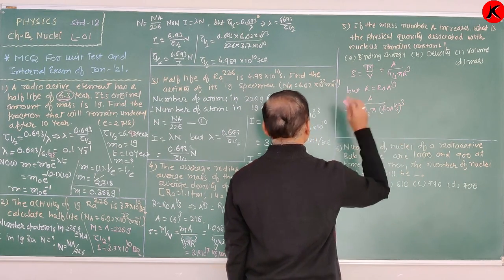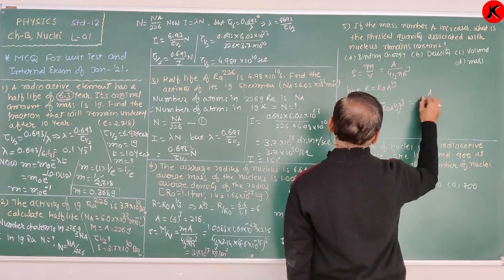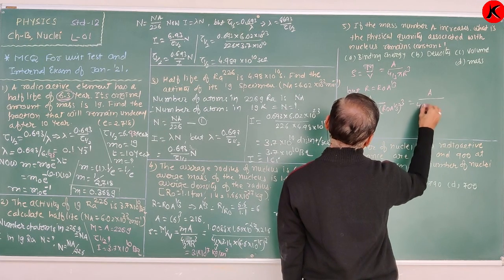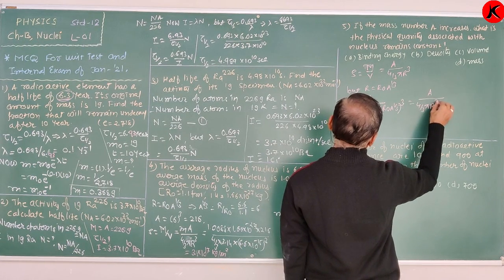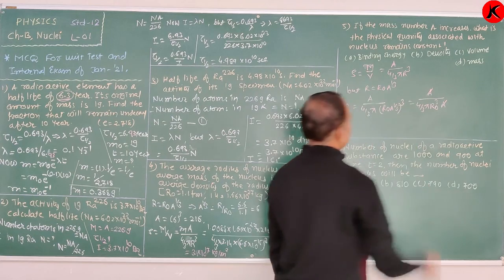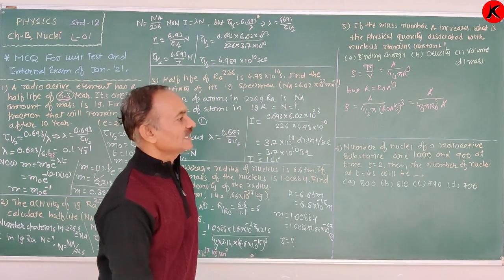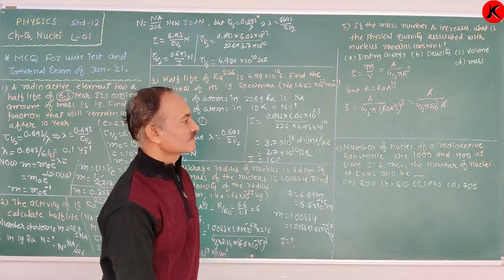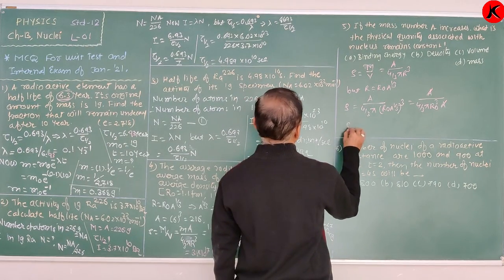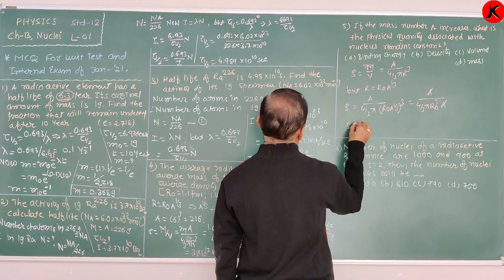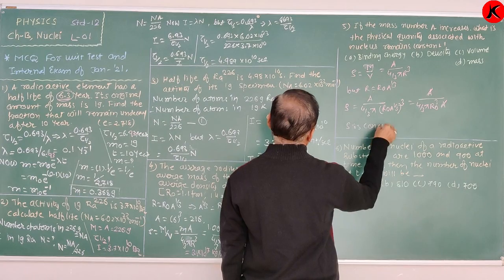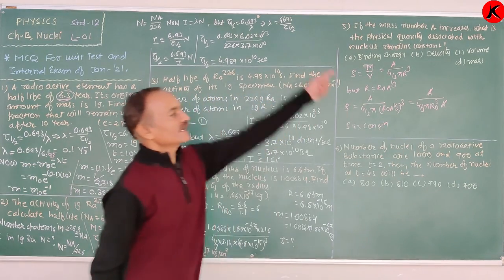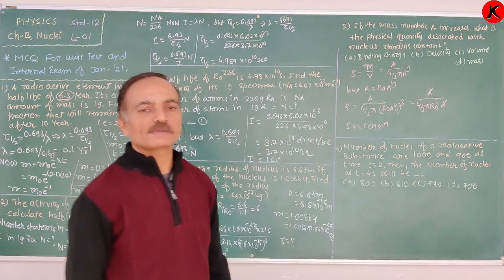So this simplifies to A upon 4 by 3 pi R0 cube A. That A is cancelled. Therefore, rho is constant. Rho does not depend on the increase in A, that means the atomic mass number.